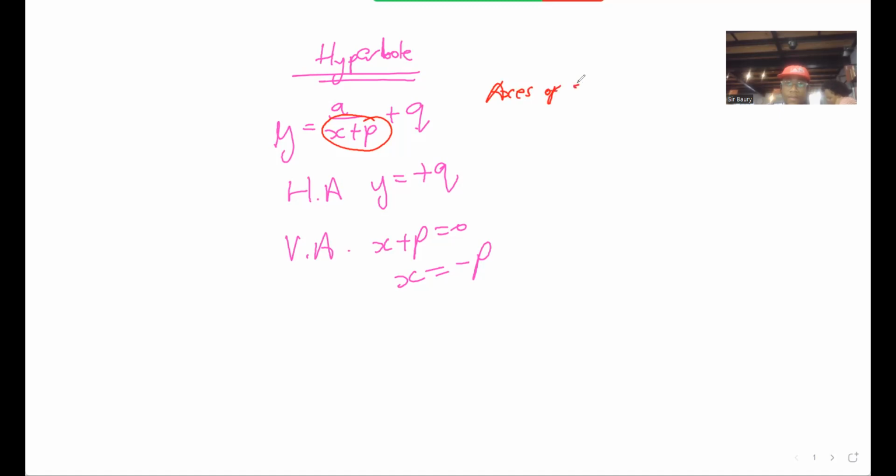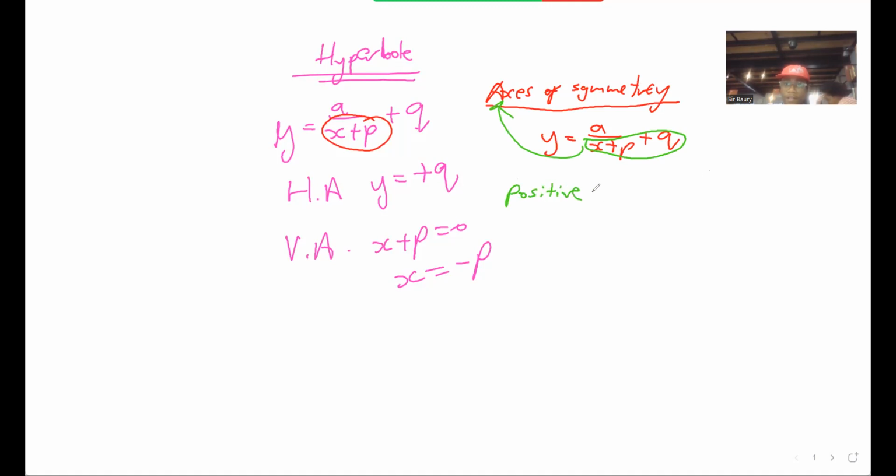Y is equal to a over x plus p, plus q. For one with a positive gradient, you take everything here. That's the axis of symmetry. So for positive gradient, this is what you do.